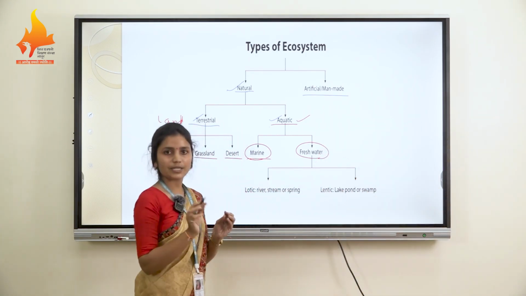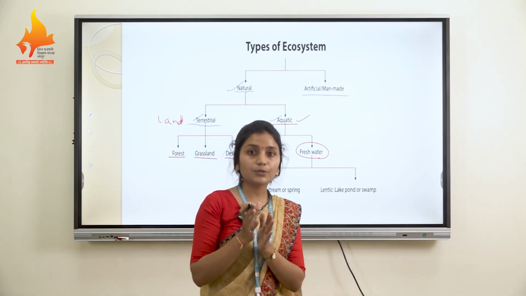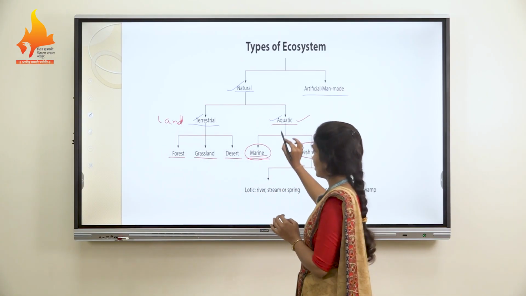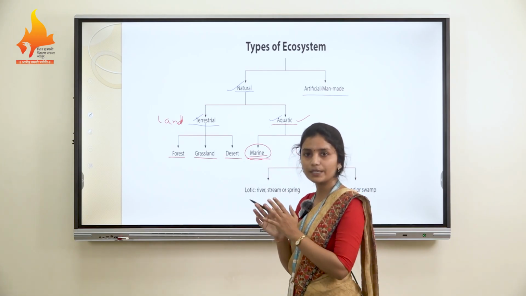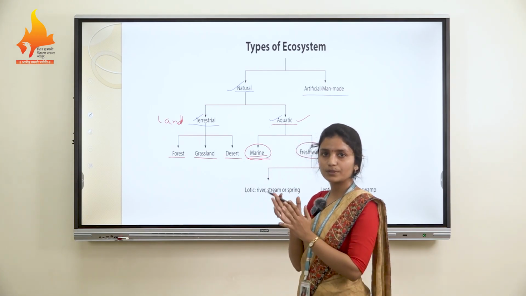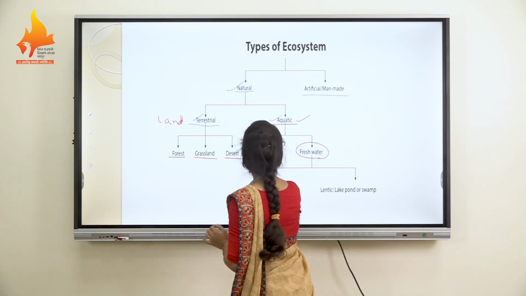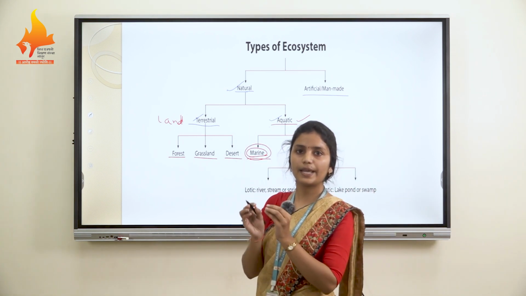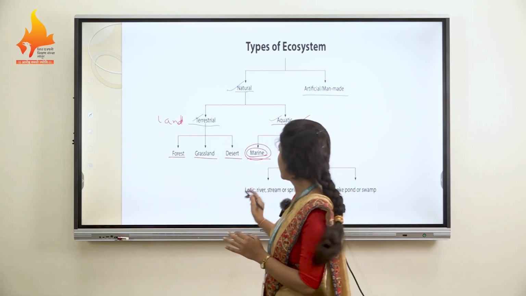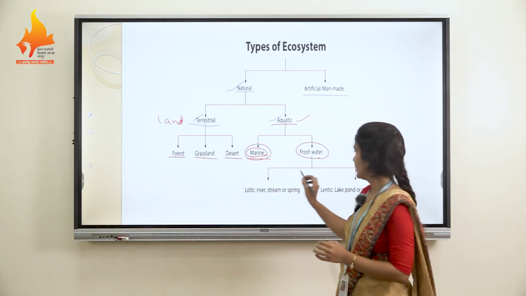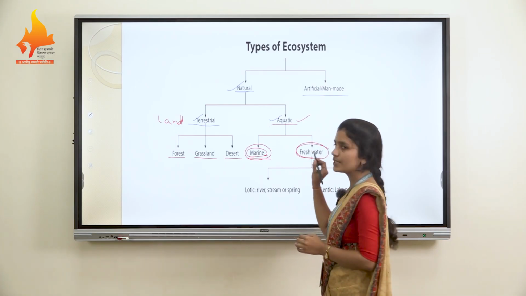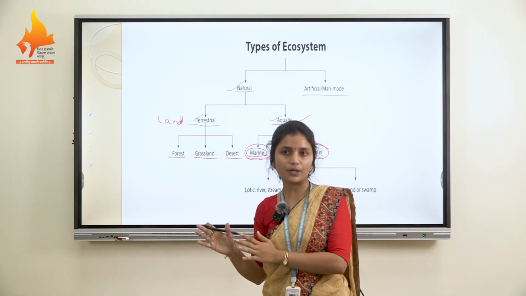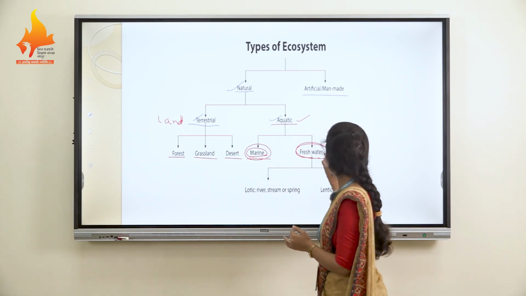Water having a large concentration of salt is called marine water, and the ecosystem present in that marine water is called the marine water ecosystem. Next, fresh water. What is fresh water? The water having an appropriate amount of salt is called fresh water.